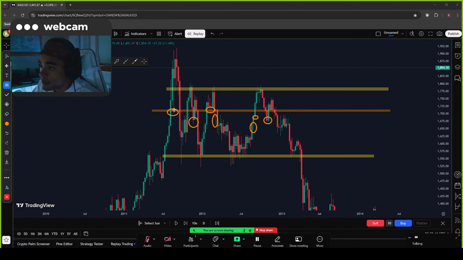If price, like you see here, came down and tapped it, there's a chance you have enough liquidity to drive up. Liquidity is like, think of the idea of grabbing people's orders. So let's say people are in on sells from this resistance move, and it taps here, right?